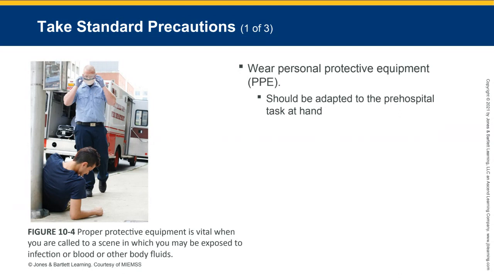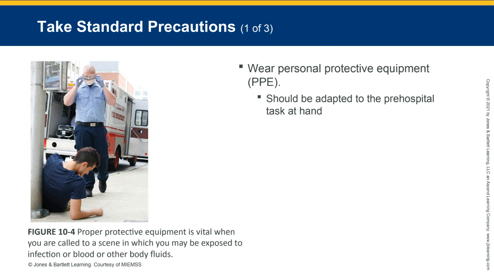So you will gauge the task, and based on the task, you will use the most appropriate PPE. For instance, if we are dealing with the airway and we're going to be doing procedures that can aerosolize mucus, then we want to cover our eyes, nose, and mouth.